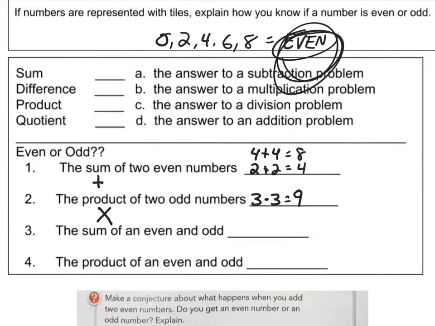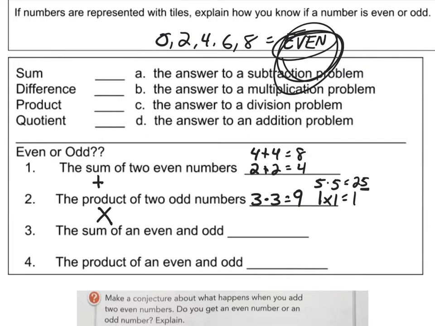It's an odd number, so 9. Let's do another one. Let's take 2 more. Okay, let's do 1 times 1 is 1, odd number. 5 times 5 equals 25. Does not end in a 0, 2, 4, 6, or 8. 5 times 5, the product is 25. It's odd.